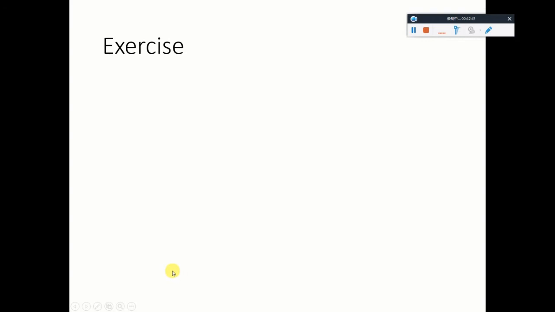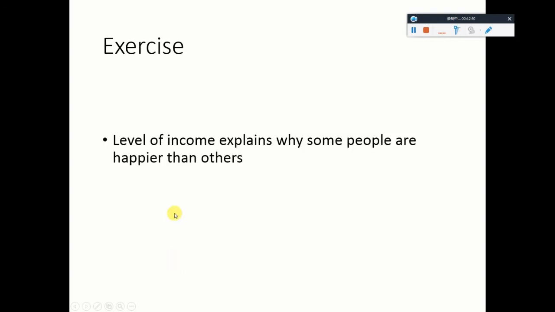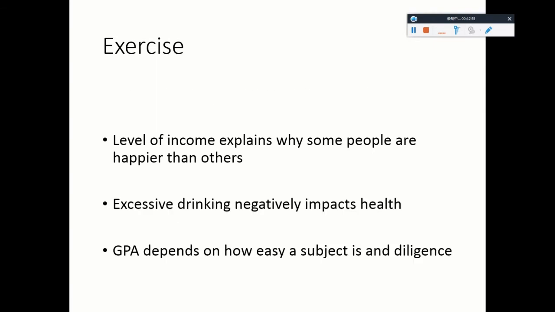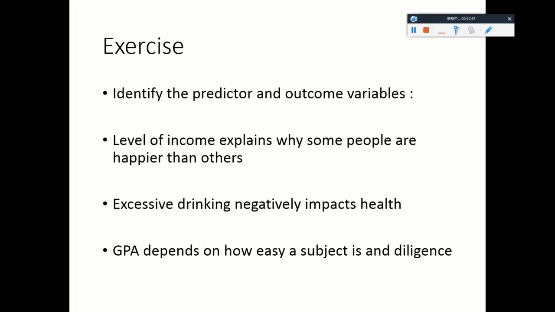Okay. So, exercise time. I know we all love that. The purpose of this exercise is to identify, from the following claims or sentences, which is the predictor variable and which is the outcome variable.